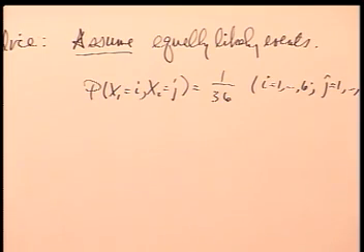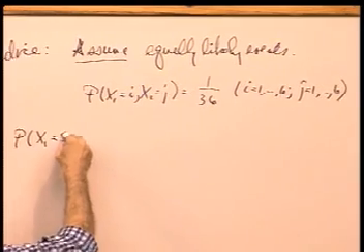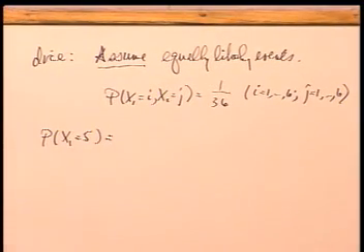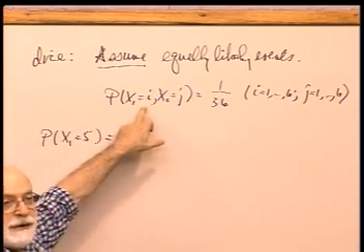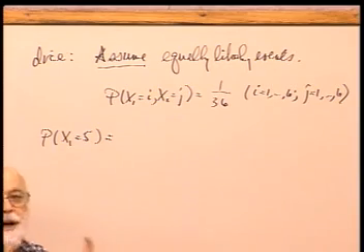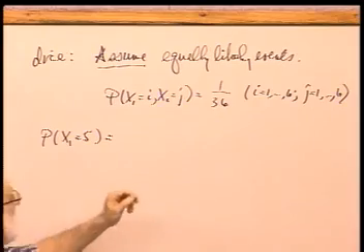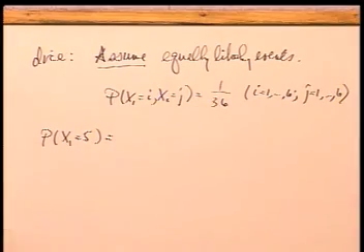Okay, so now, suppose I wanted to calculate some things. What's the probability that x1 is equal to 5? Okay, so I got these two dice. I'm going to roll them. Die number 1 has 6 possible outcomes. Die number 2 has 6 possible outcomes. I'm assuming that every pair is as likely as every other pair. So there are 36 possible outcomes. So the probability associated with each one of them must be 1 over 36. Okay, now I'm going to roll the dice and I'm going to ask some questions.